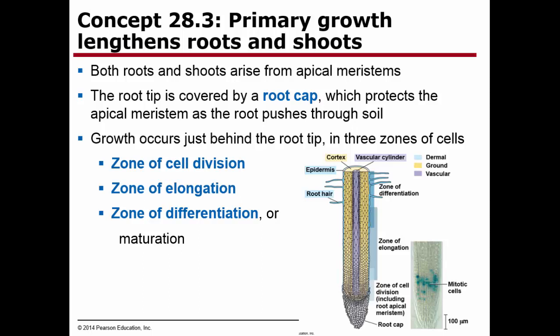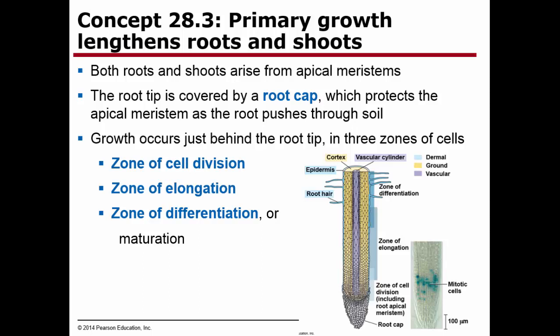Notice the shading on this root here. The color coding designates each cell as belonging to the dermal, the ground, or the vascular tissue system. And the darkening of these colors as we move upward in the root indicates the greater and greater degree of cellular specialization that's occurring as a cell gets farther and farther away from the growing root tip.